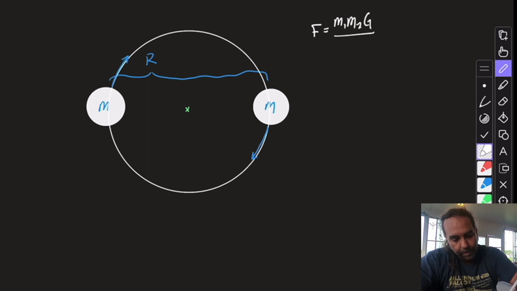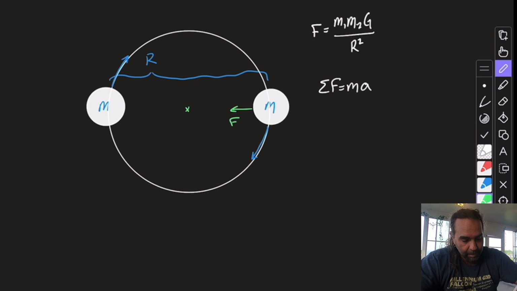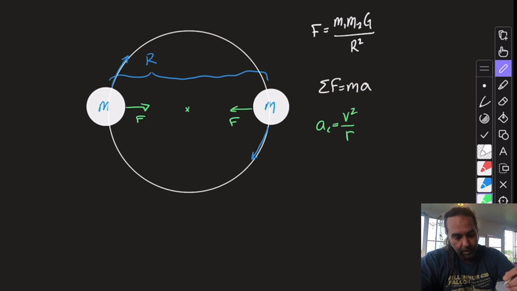Everything else we've been using so far is something we've already known, but it's combining them all and understanding what each piece means. So remember, we're using net force equals ma to combine everything together. There's a single force that's acting on our planet. It is the force of gravity. It just so happens it acts on both planets, Newton's third law. Now, in addition to that, they're traveling in a circle, so we have centripetal acceleration.